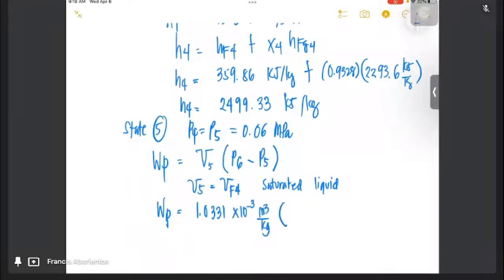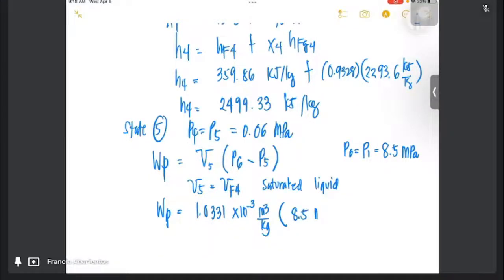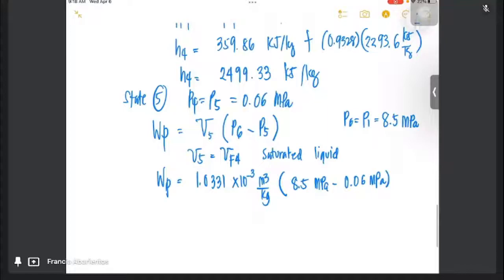And yung pressure natin, we all know that pressure 6 is equal to pressure 1. This is 8.5 MPa. So this is 8.5 MPa minus 0.06. Paki-compute class. What is now the work of the pump in kilojoule per kilogram?